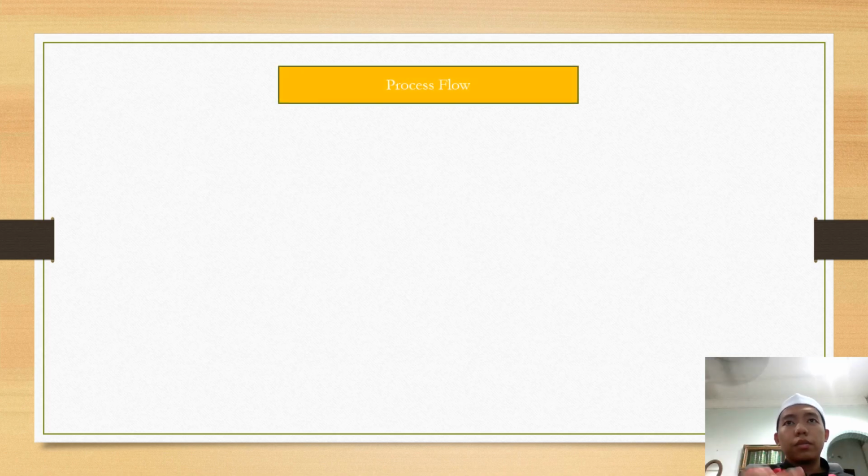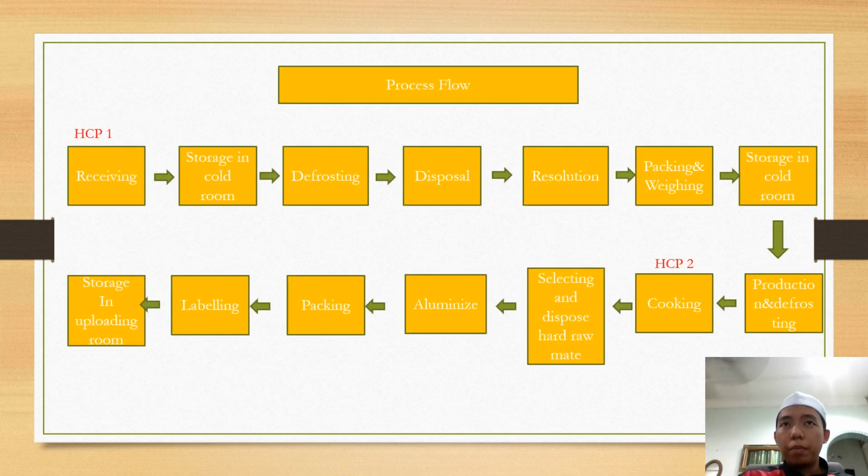So this is the process flow for making the surrounding. As we can see, there are 2 HCPs in the processing, which are receiving and cooking.